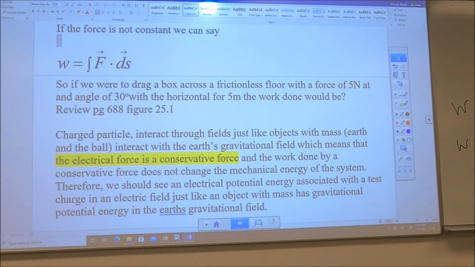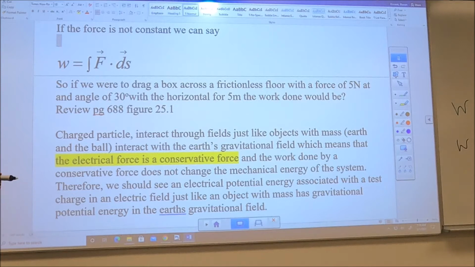So, charged particles interact through fields, just like objects with mass interact with the Earth's gravitational field. So the Earth has mass, objects have mass, they work through a gravitational field.